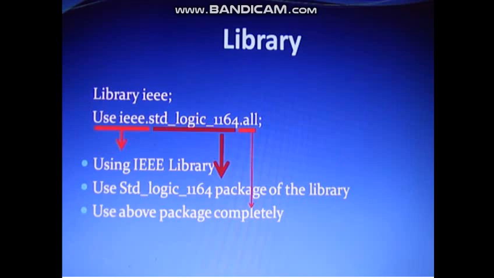Whenever you write any VHDL program, it starts with the first words: library IEEE. This library IEEE is a very important term, called the header line of any VHDL program.